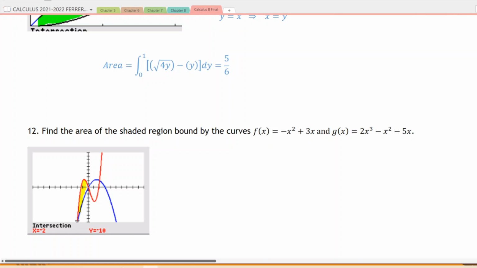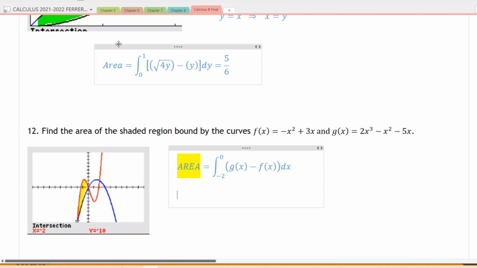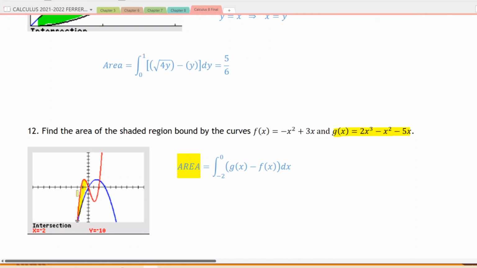So we're going to do this first region right over here, the yellow one. So our first area is going to be the integral from -2 to 0 of g of x minus f of x, remembering that g of x is the cubic function, and the cubic function is the same as the red function.